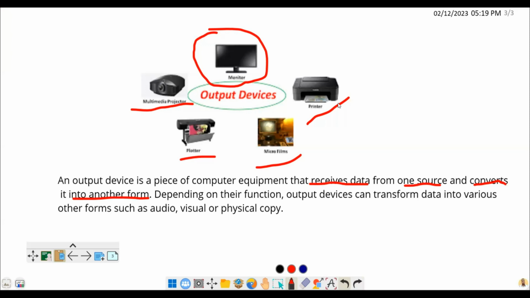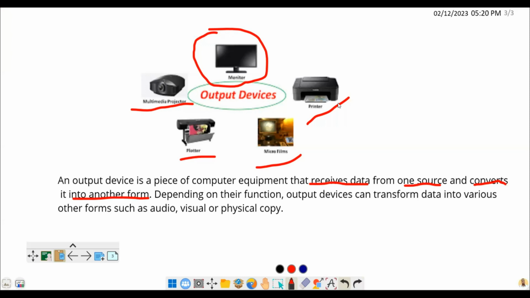We talked about, I think, no, we didn't talk about speakers. A speaker is also a very important output device. It produces audio from the computer. Of course, this is like when you want to send your voice over a large distance, so that people who are far away can hear what you're talking about.